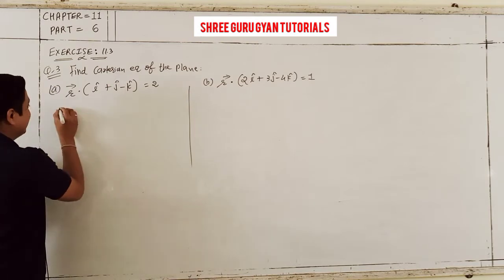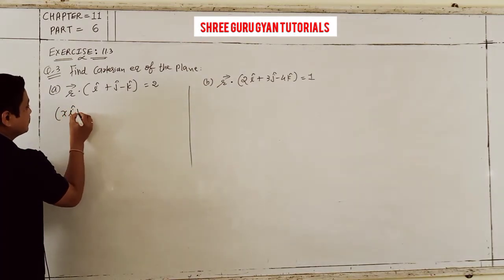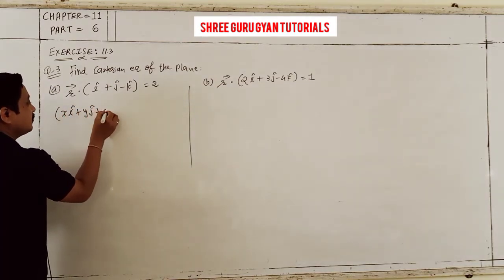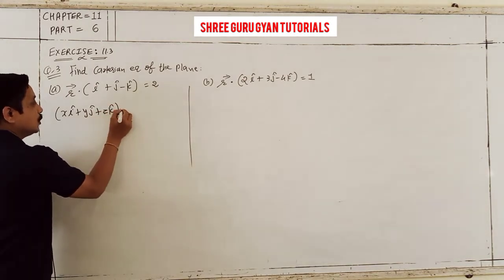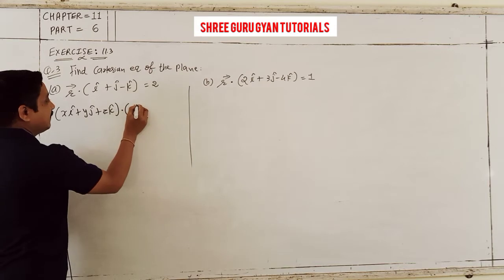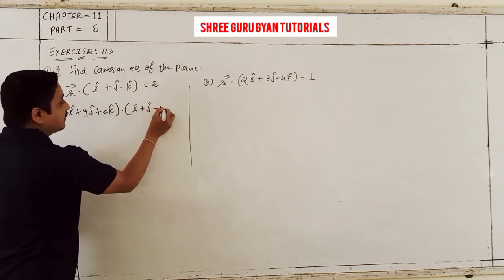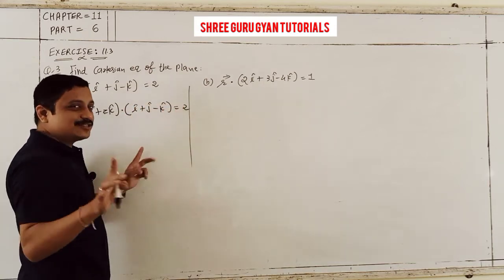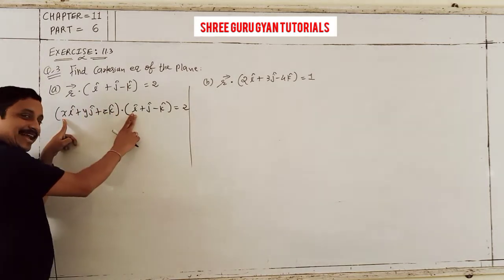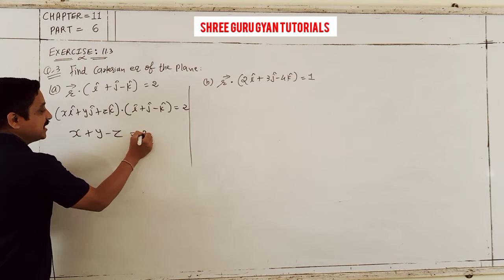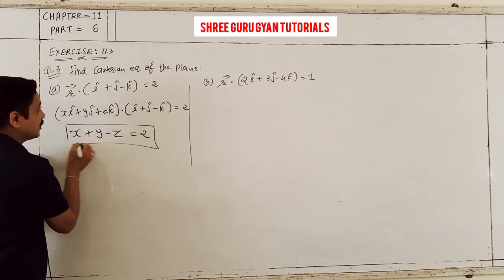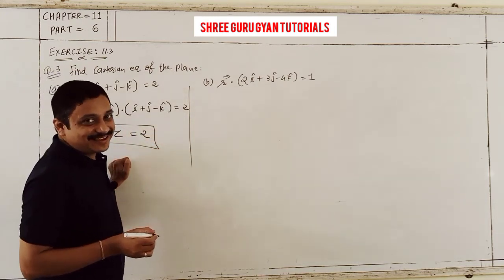I write r as xi plus yj plus zk, dot i plus j minus k. You will take the dot product: x plus y minus z is equal to 2. That's your Cartesian equation of the plane.